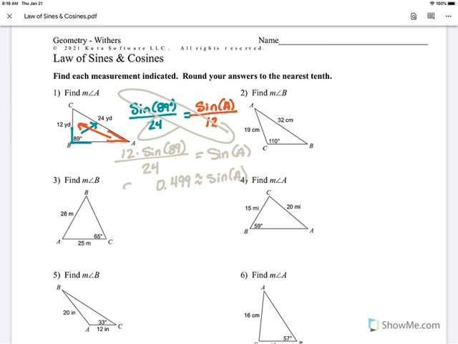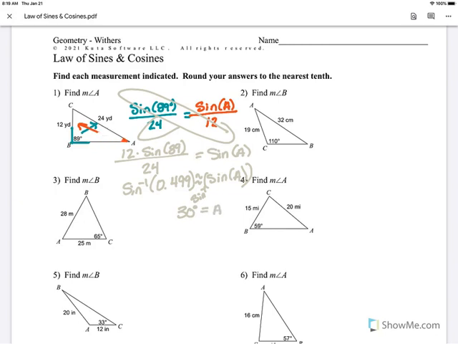We have to take the sine inverse of both sides, right? Because we have to get this A by itself. So in your calculator, do sine inverse, so second sine, and then do second answer so that it takes all of those decimal places, right? And you should get 29.99. If we were to round that to the nearest tenth though, it would be 30. So 30 degrees equals A.